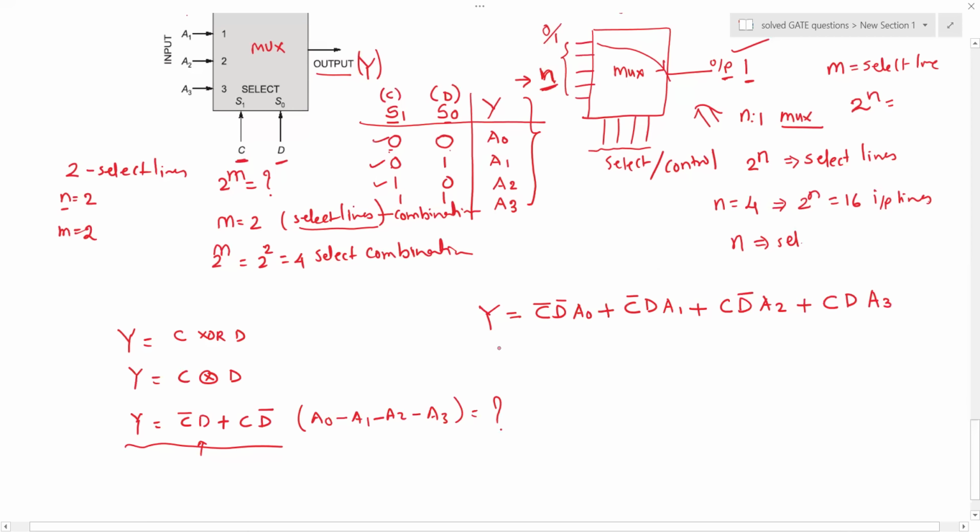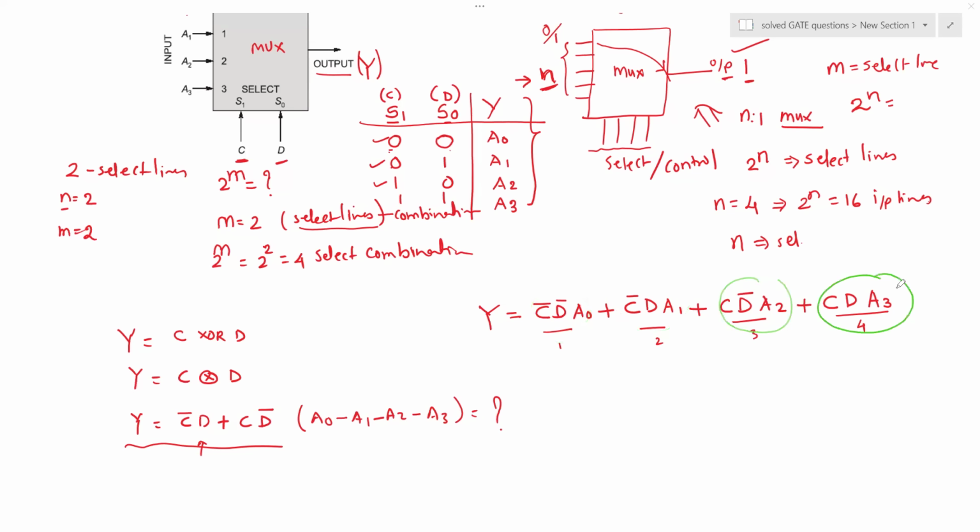So the output is logic high when either term number 1, term number 2, term number 3, or term number 4 turns out to be 1. So if any one of these terms is logic high, then the output is high. This is basically an OR combination, this or this or this or this.